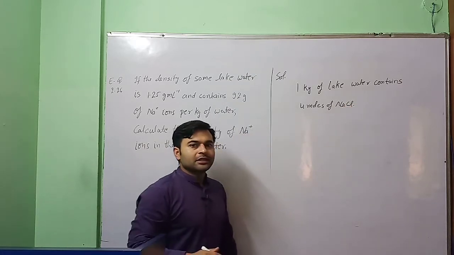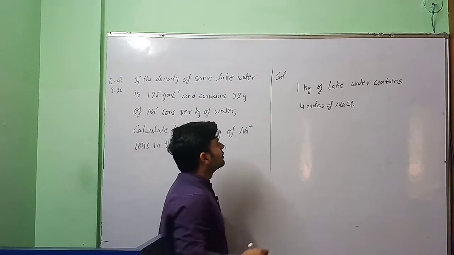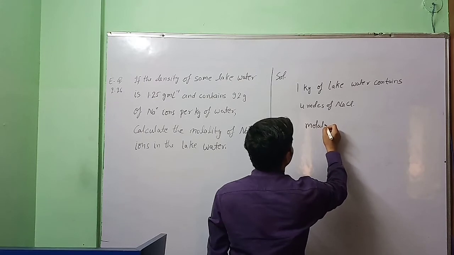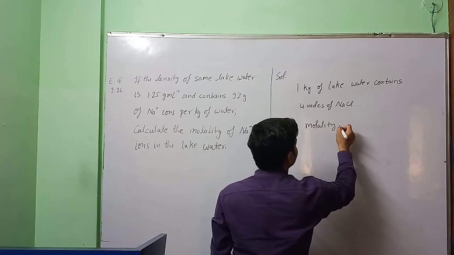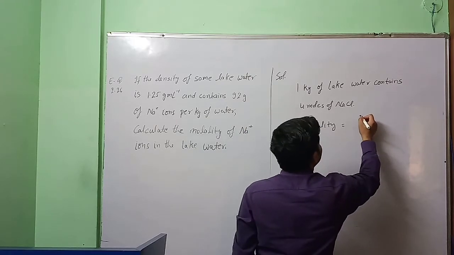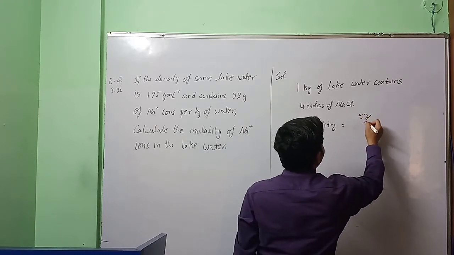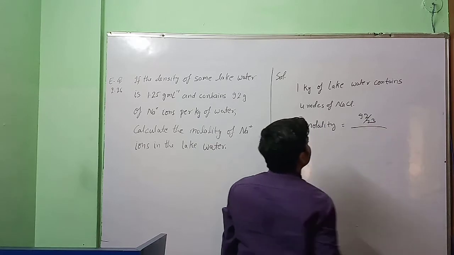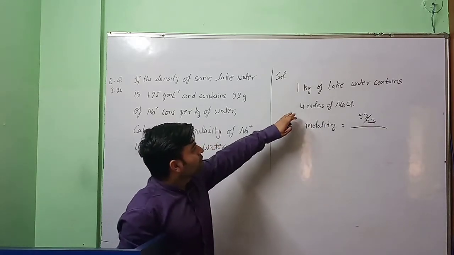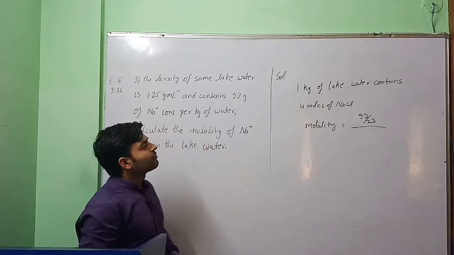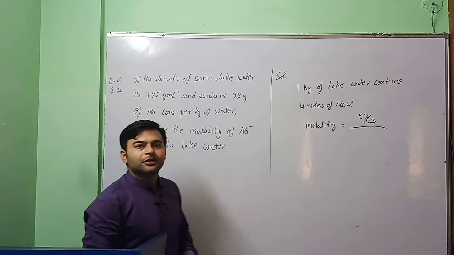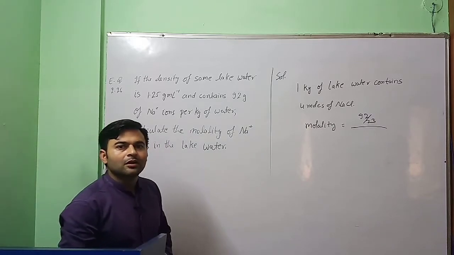Now in this case, if we find the molality of Na positive ions, then we will get 92 upon 23 divided by, now here 4 moles of sodium chloride, they will weigh 58.5 into 4.